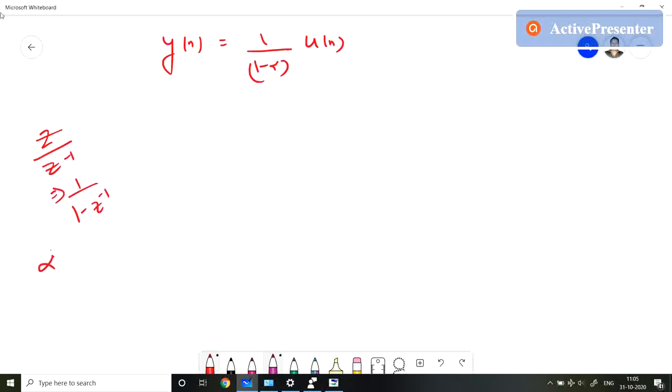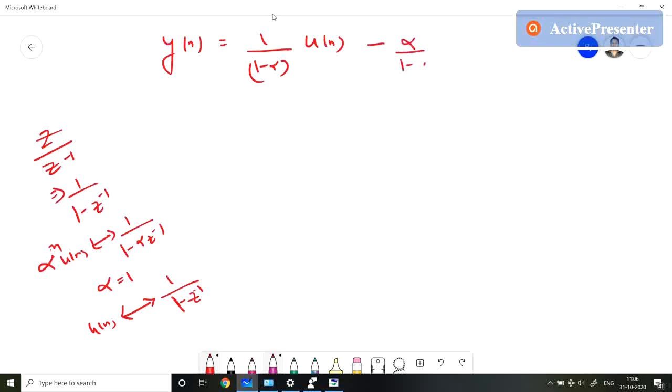The z transform of alpha raised to the power n u(n) is 1 divided by 1 minus alpha z inverse. Now if we put alpha equal to 1, then it is equal to u(n), whose z transform is 1 divided by 1 minus z inverse. So the first part is u(n), and the second part is alpha divided by 1 minus alpha times alpha raised to the power n u(n).